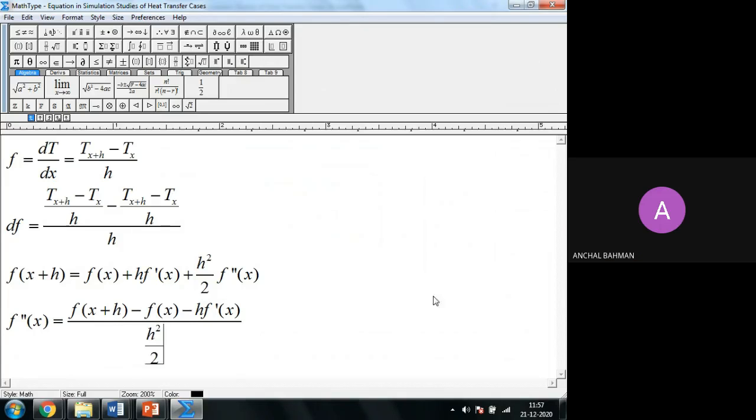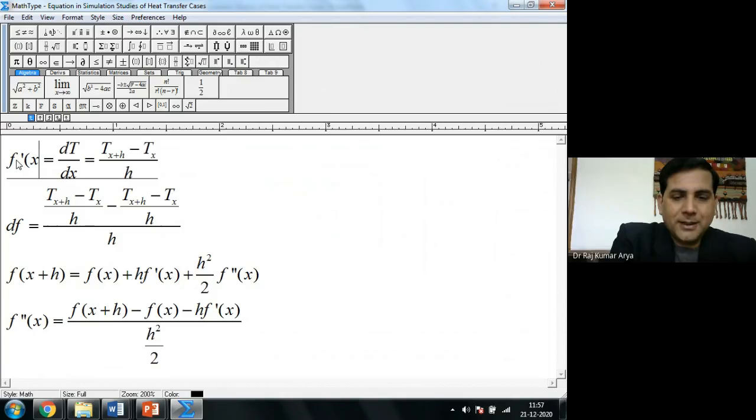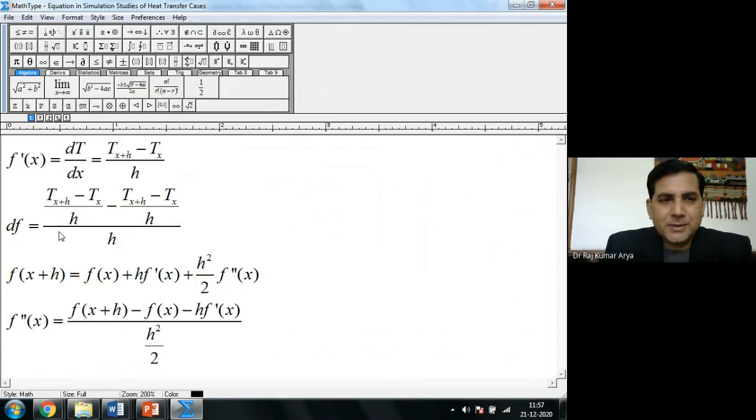Can we replace f of x plus h minus f of x by h into f dash of x? Yes, that's what you do here. This was practically nothing but your f dash x. So if you substitute from here, what will you get?